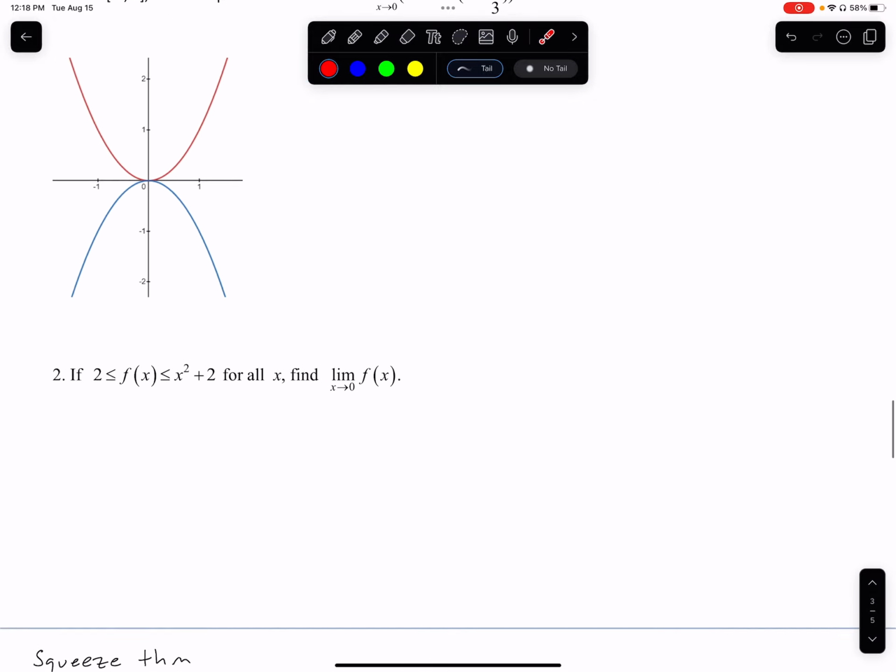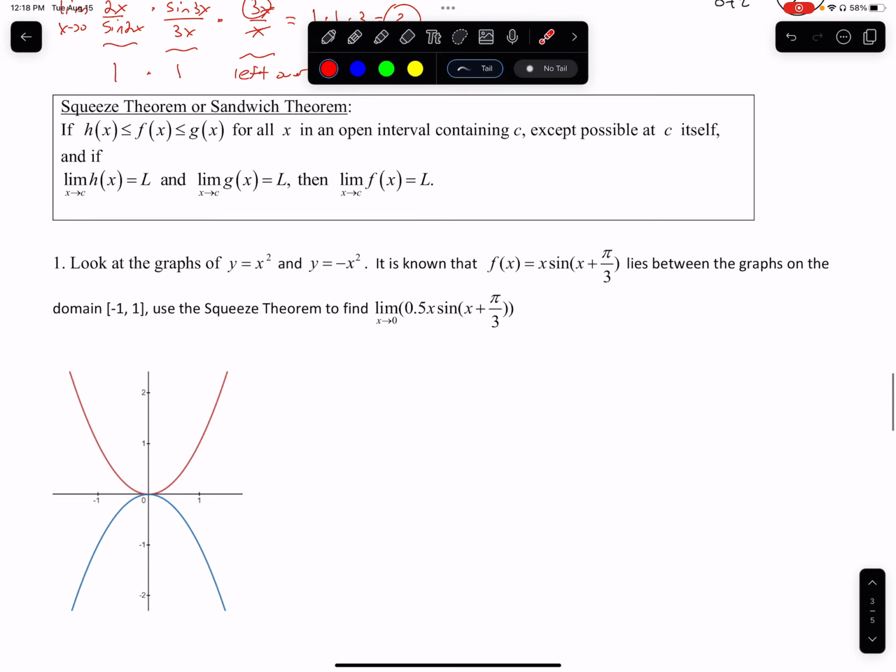So let's take a look at how we use this mathematically. This is what we call the squeeze theorem, or sometimes the sandwich theorem. And what it says is, let's say f of x is unknown. I don't know what f of x is, but I know it's between h of x and g of x right here.